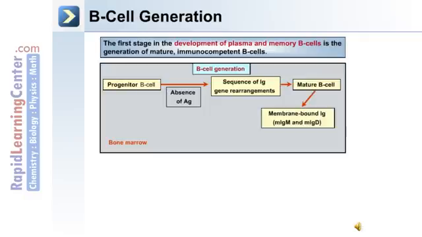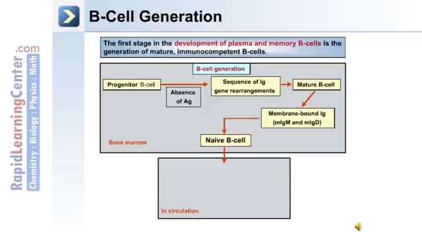This leads to a mature B cell. Membrane-bound Ig, either IgM or IgD, goes with the naive B cell as it exits the bone marrow and enters the circulation. The naive B cell, with an encounter with antigen, becomes an active B cell.